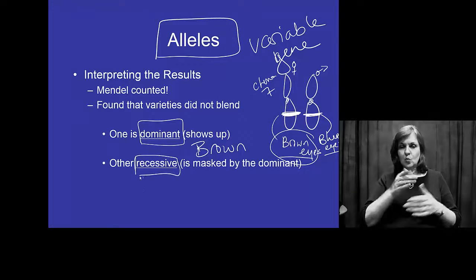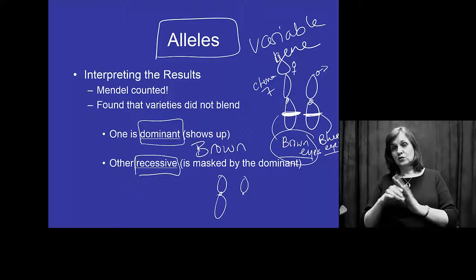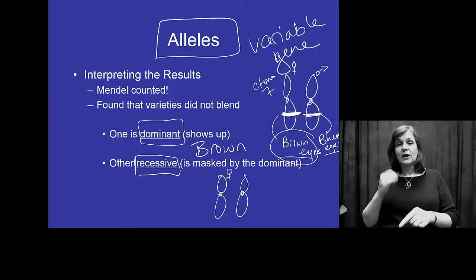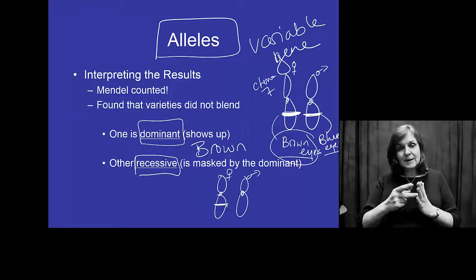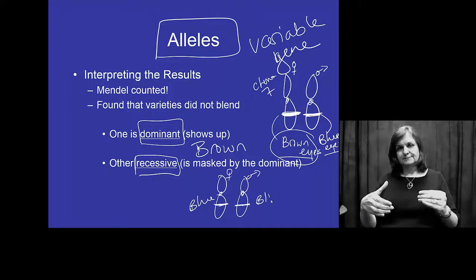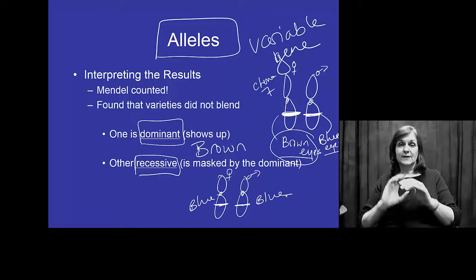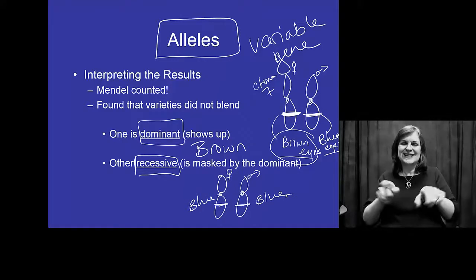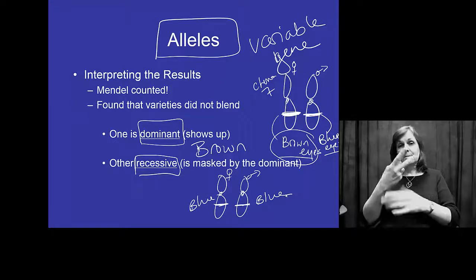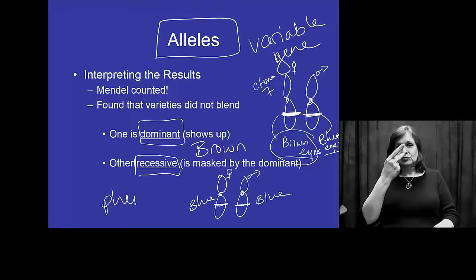A recessive trait is a little different. If you actually have blue eyes, that means mom and dad both gave you information that said blue eyes. So with these recessive characteristics, you have to inherit the same recessive characteristic from both parents to have it be present in your phenotype.